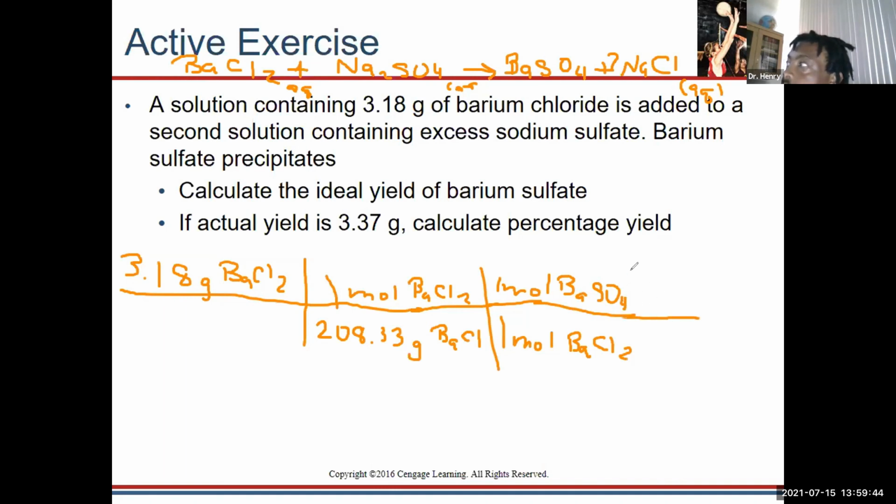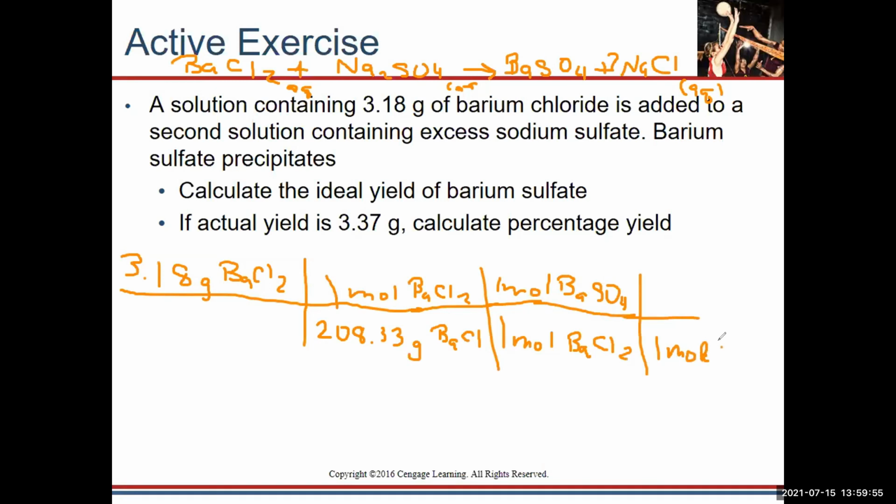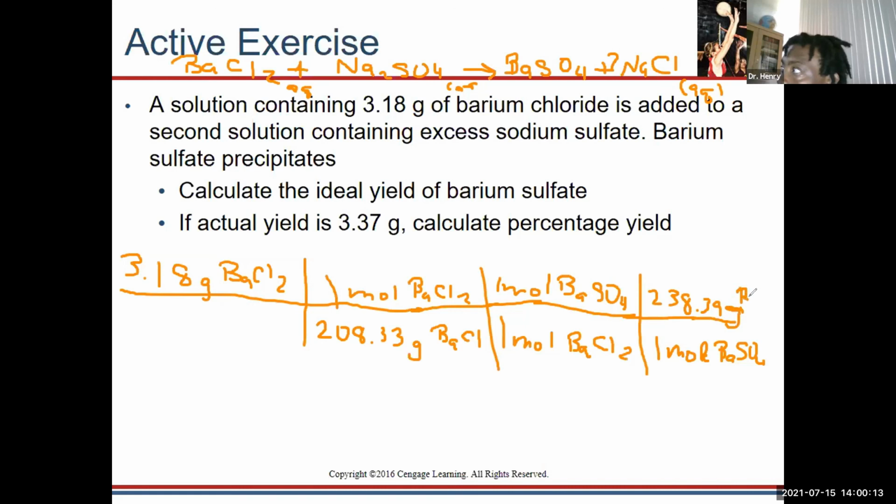Okay, and then we calculated the molar mass of barium sulfate. So that's 1 mole equal to 233.39 grams. Okay, so then that gives us our barium sulfate.